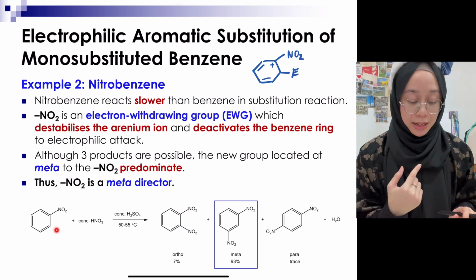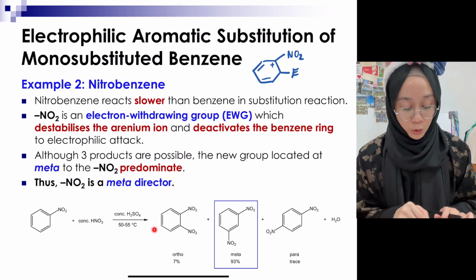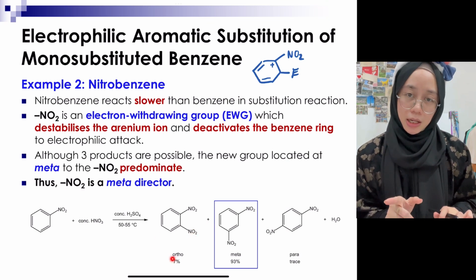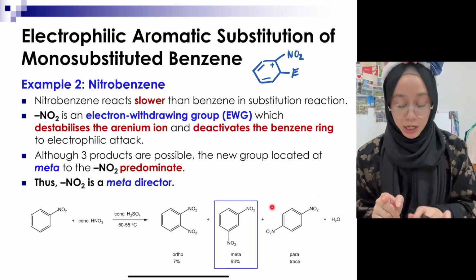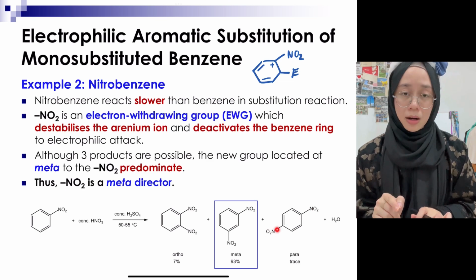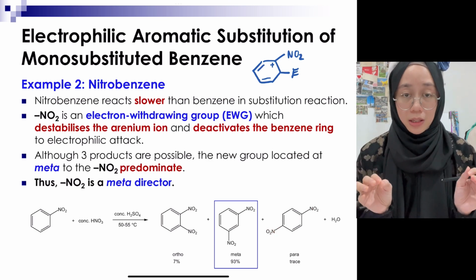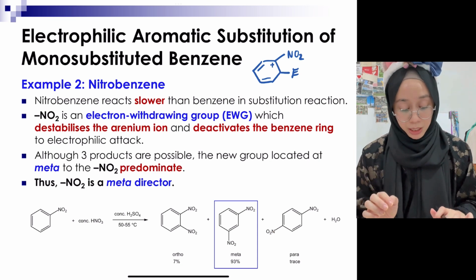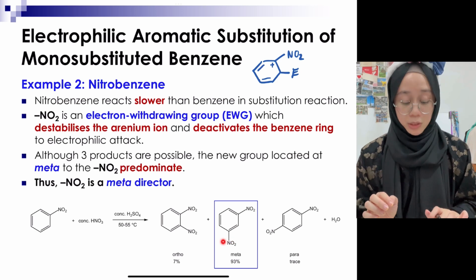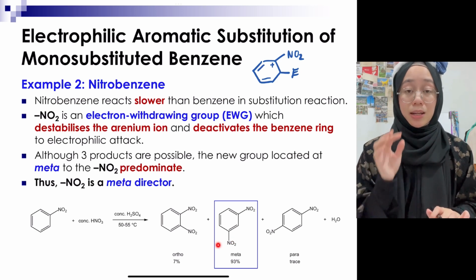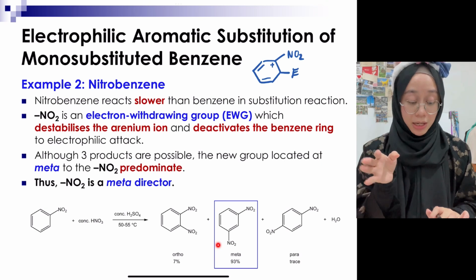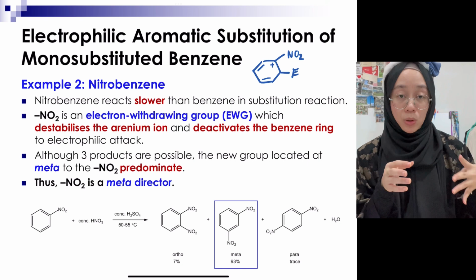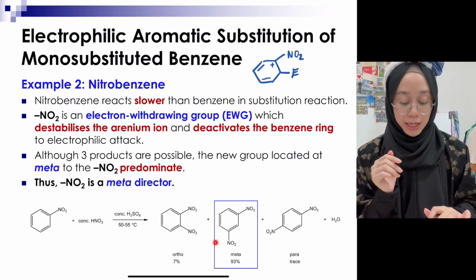As you can see, if the new NO2 enters at the ortho position, only 7% is produced. If it enters at para, there are only traces of it, meaning very little. But at the meta position, 93% is produced. So we can say that the nitro group is a meta director, meaning any new group that enters later will go to the meta position.